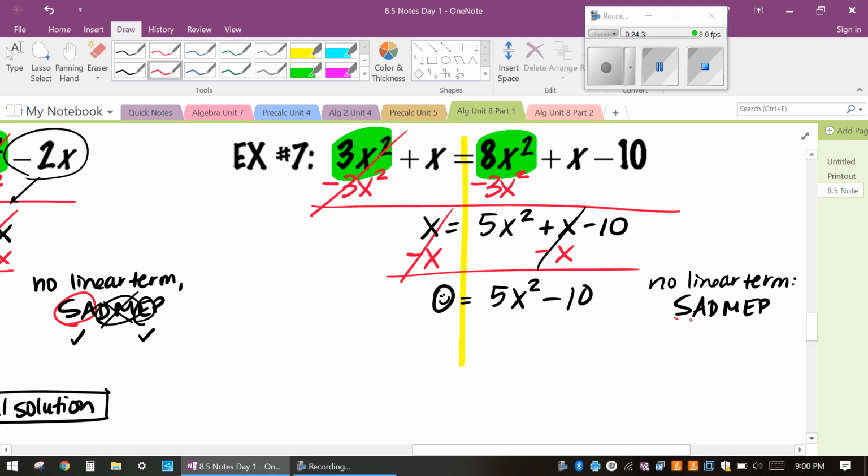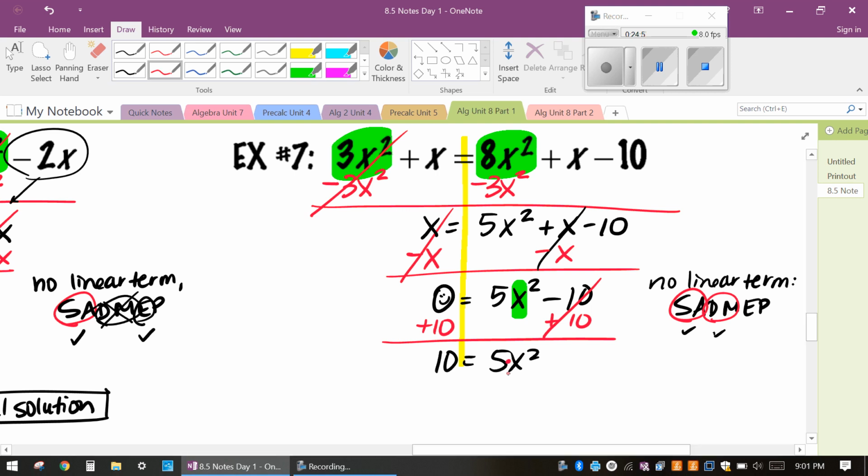Okay, I'm going to cancel addition and subtraction first. Now remember, when you're doing SADMAP, you don't want the 0 there anymore. You're moving all the terms little by little so that you get the x by itself. I did the addition and subtraction. Now I'm on to multiplication or division.